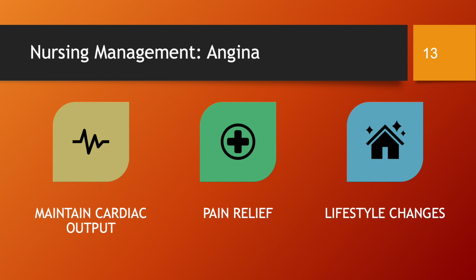How do we manage angina? Well, since we don't have enough blood flow to the heart, we have to maintain cardiac output, relieve that pain, and also make lifestyle changes.